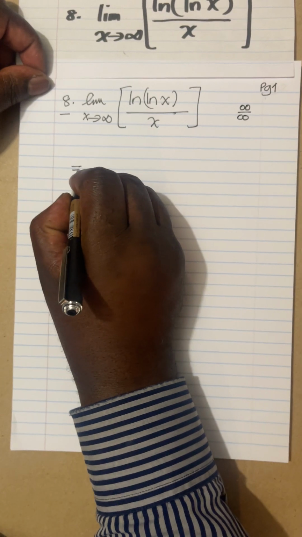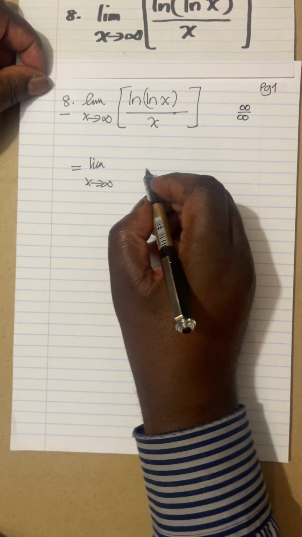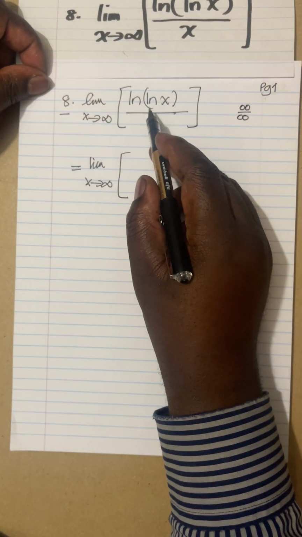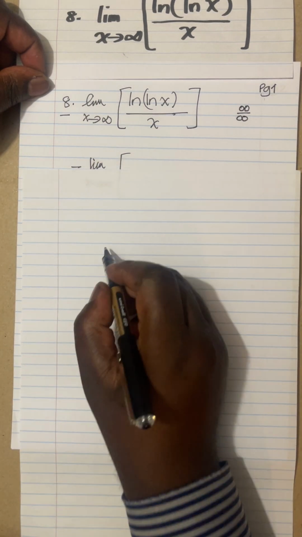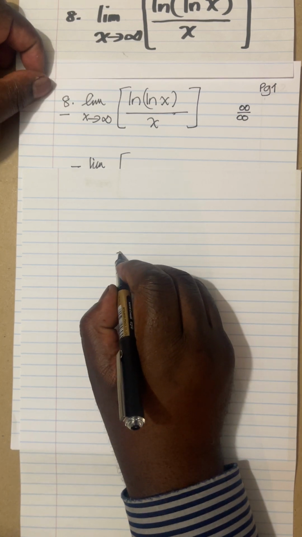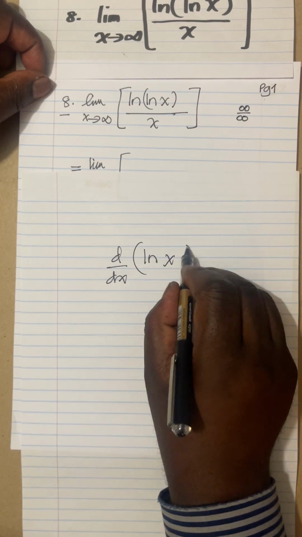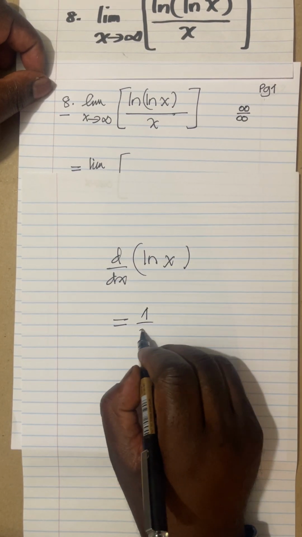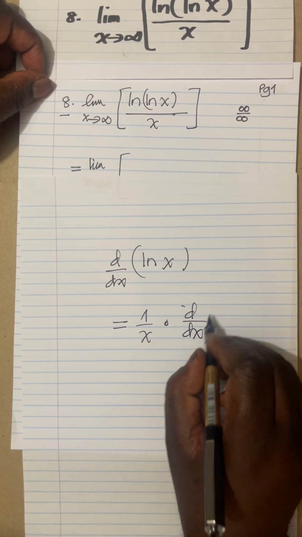So this is going to be equal to the limit as x approaches infinity of differentiating the numerator. Remember, derivative of the natural log. If I take a separate page here, if you are required to differentiate, for example, the derivative with respect to x of the natural log of x, like so, basically it says you must reciprocate x, 1 over x, then multiply by the derivative with respect to x of x.